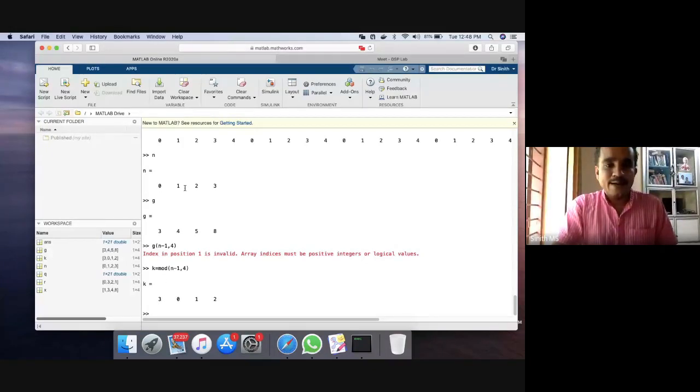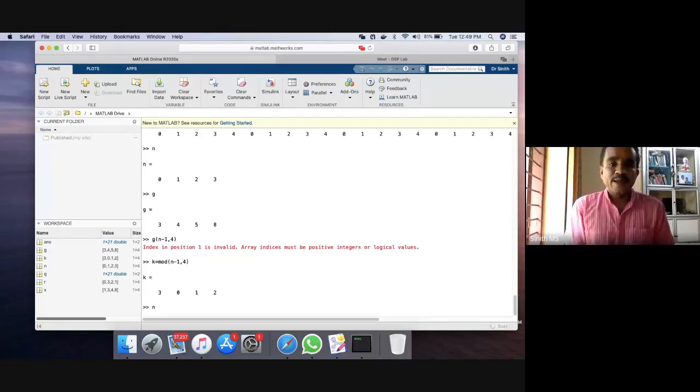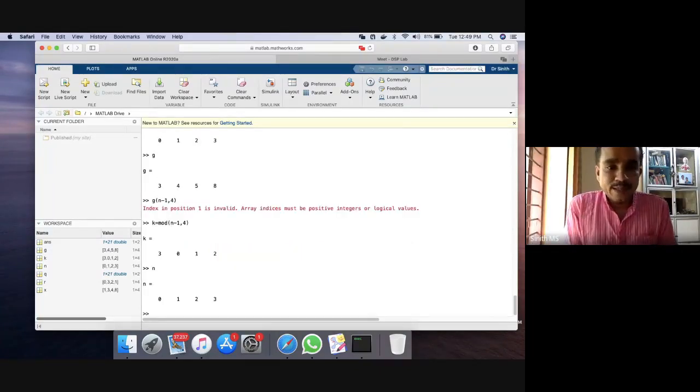Similarly, if you have n equal to 1, mod 0 comma 4 is 0. So basically n, which is 0, 1, 2, 3, becomes 3, 0, 1, 2. So this is basically a shifting in the time index.